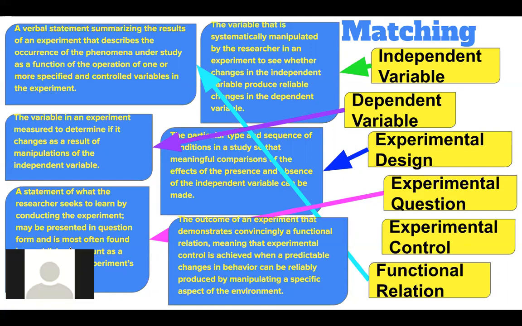Maybe I'm confusing myself, but isn't experimental control also known as functional relation? I know control is functional relationship, but that's like your highest level of scientific understanding. Maybe I just read the thing wrong.